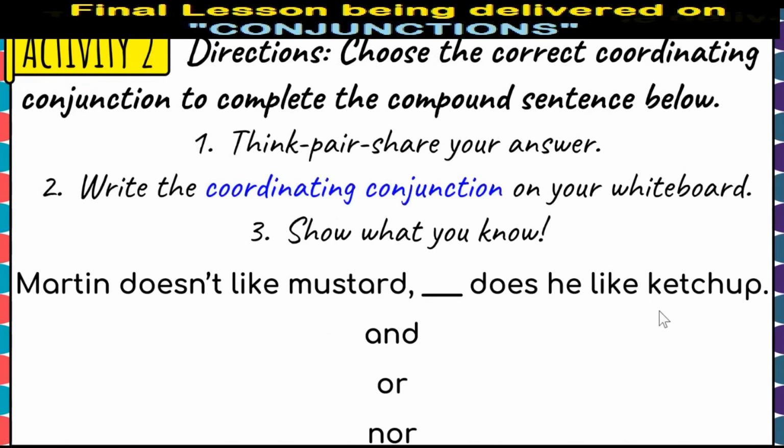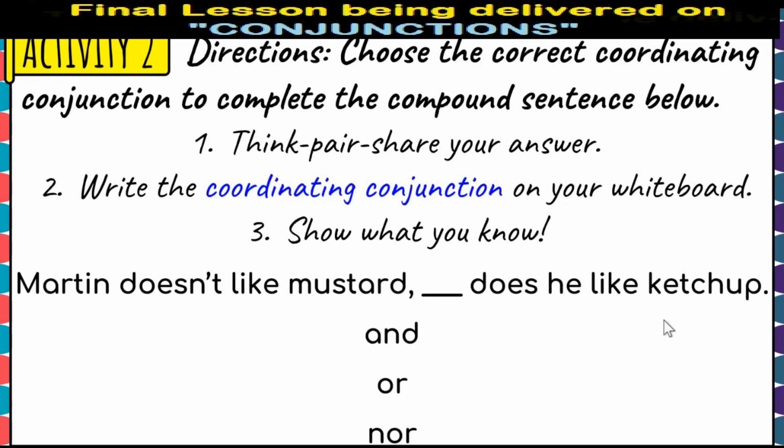Now, this is time for our activity 2. Choose the correct conjunction to complete the compound sentence below. Now, you have some options over here, right? Again, pair it with your partner, think about it, and then share your answer. But this time, you will write the conjunction using the whiteboard. Martin doesn't like mustard.